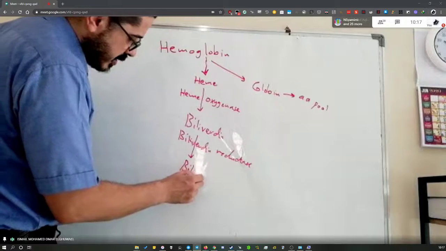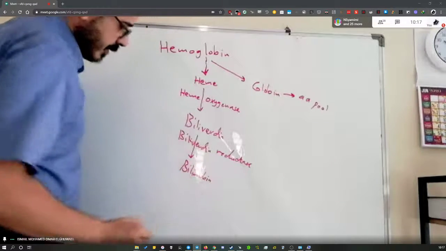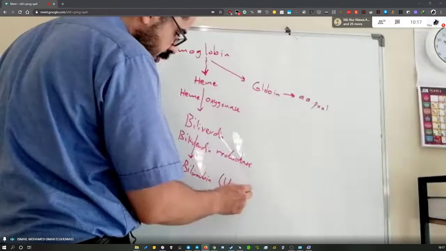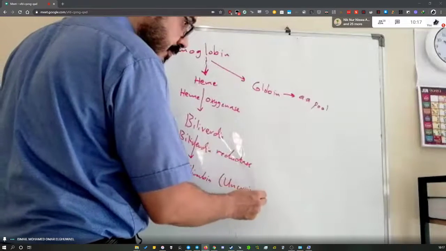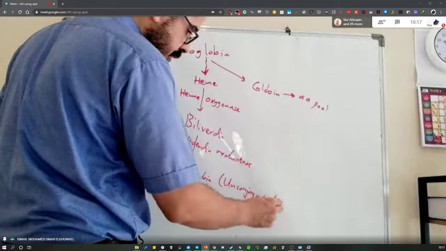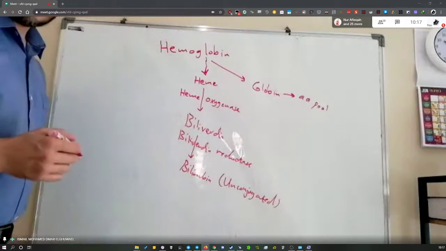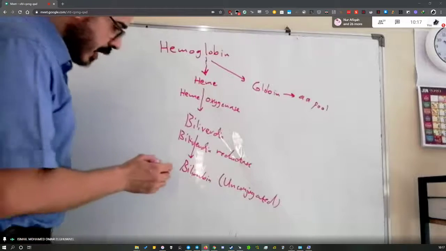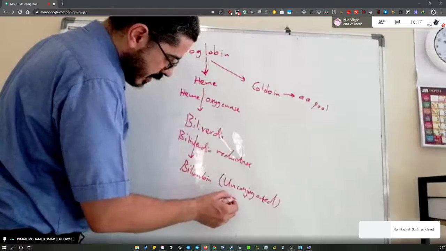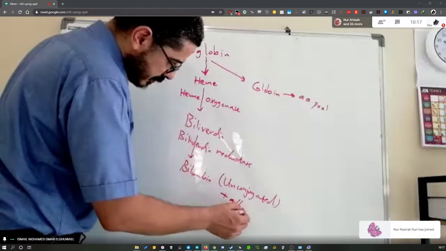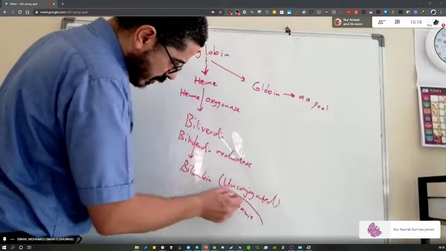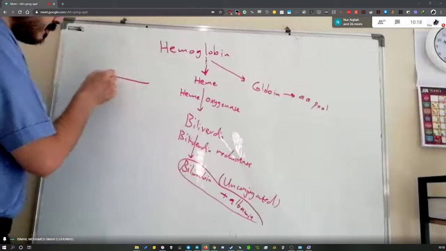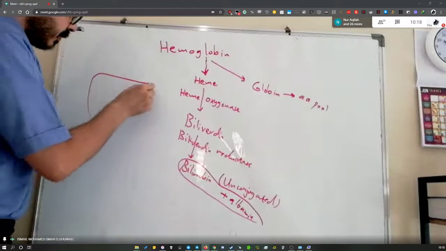This bilirubin is unconjugated, or indirect, so it is lipid soluble. It binds to albumin and goes to the liver by the blood circulation.